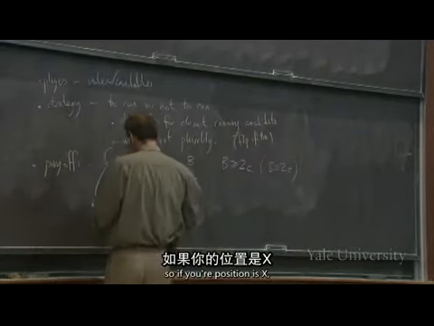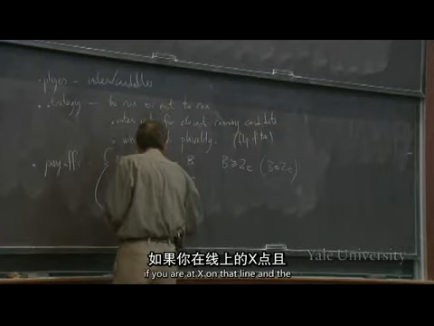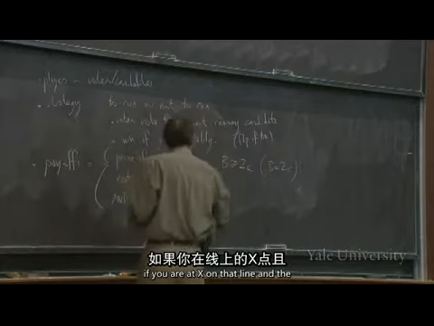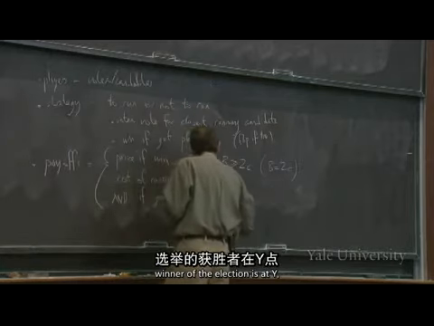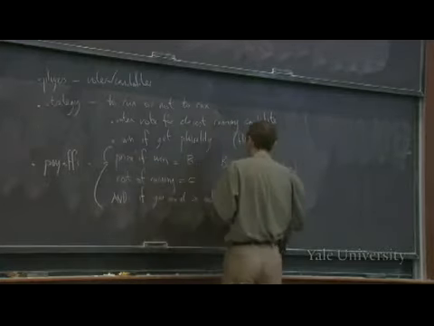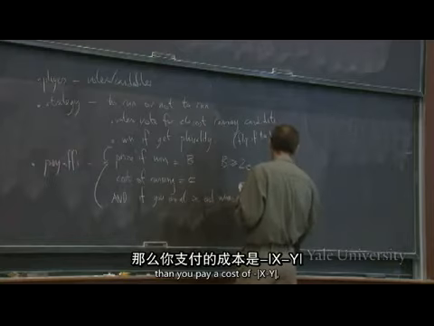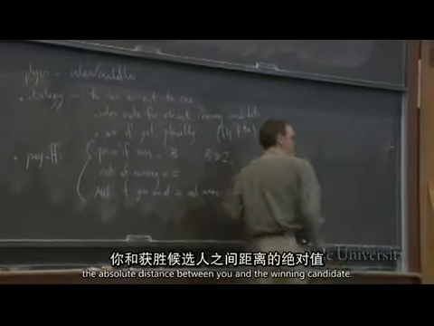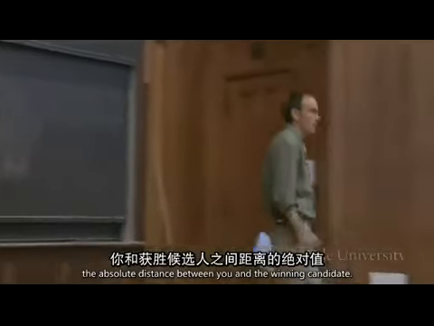So if your position is x, if you are at x on that line, and the winner of the election is at y, then you pay a cost of minus |x − y|, the absolute distance between you and the winning candidate.